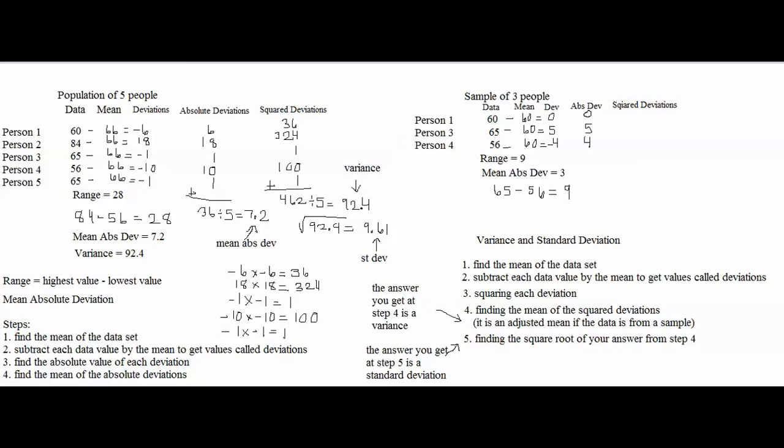We'll start with 0, which is the first deviation, and square it. 0 times 0 is just 0, meaning 0 squared is 0. 5 squared, which is 5 times 5, is 25. And negative 4 squared, which is negative 4 times negative 4, is 16, because the negatives cancel out.